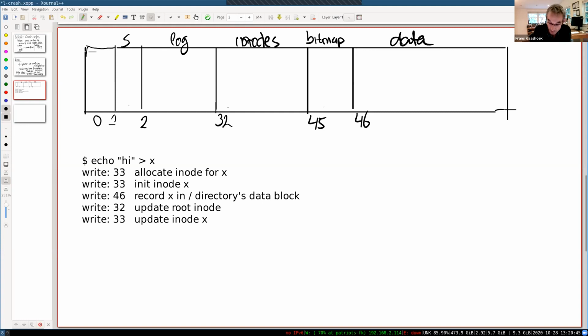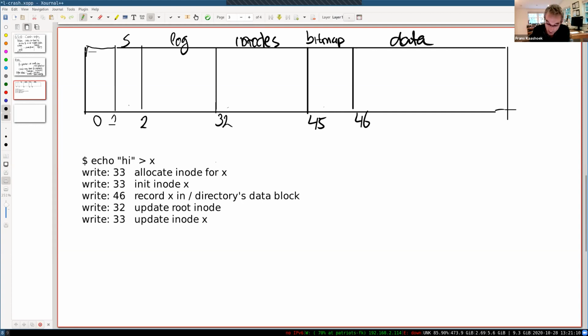In this particular scenario on the slide, we see that an inode is allocated, and we know this because block 33 is being written. We see that the inode is initialized and then written again to block 33.